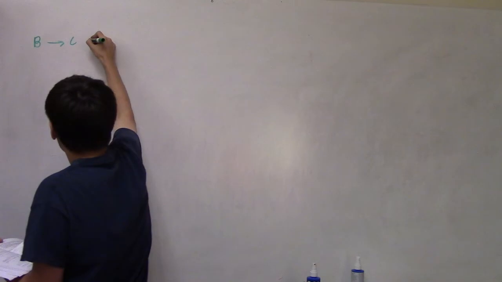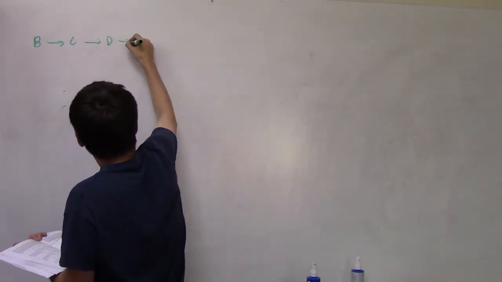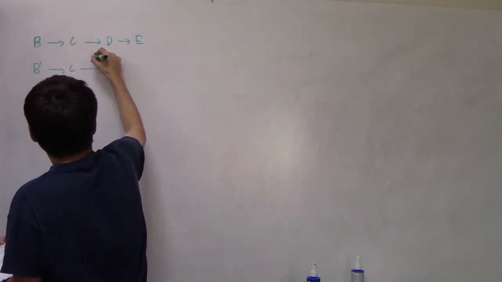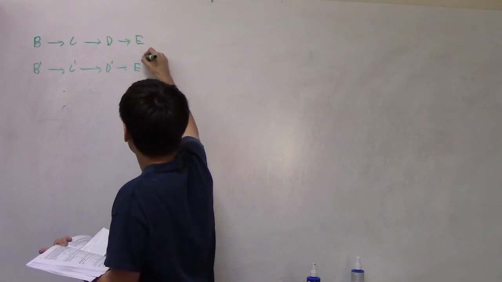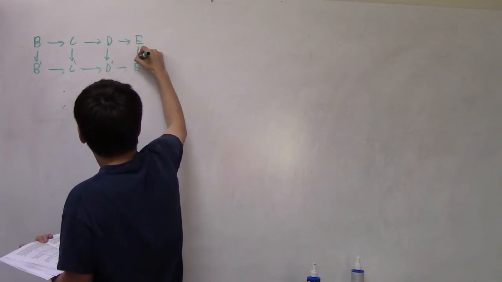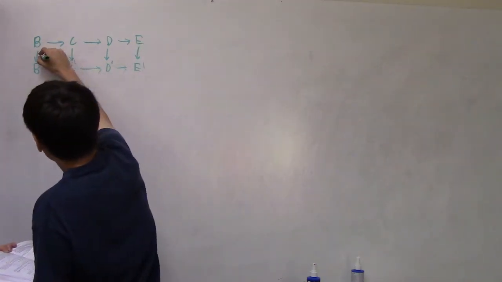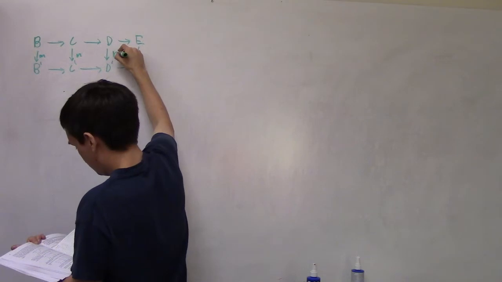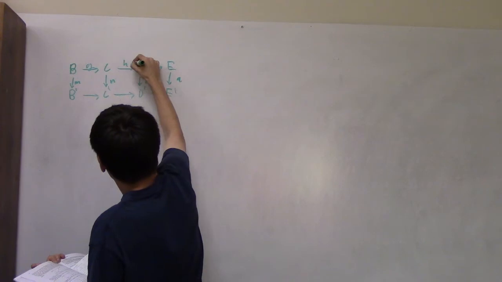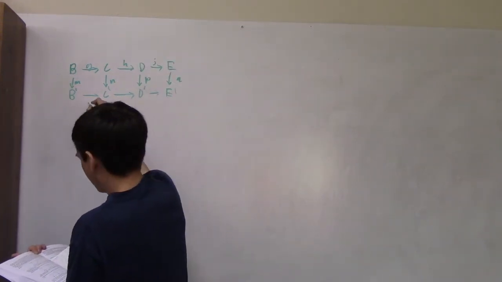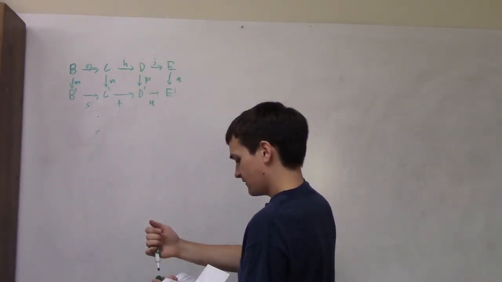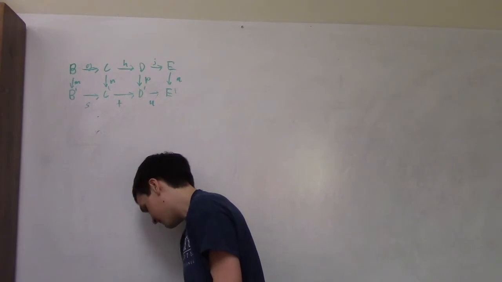So you have B, C, D, B prime, C prime, D prime, E prime, M, N, P, Q, G, H, J, S, T, U.